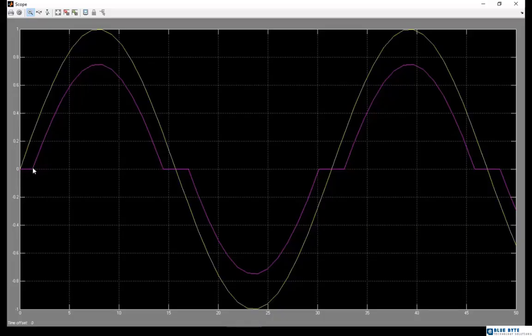This is our input signal without dead zone. At this moment, that is between 0 and 0.25, our signal gets 0 because, as I defined in the block, when the input is between minus 0.25 and 0.25, our output gets 0. After that, when the input passes through 0.25, our main signal will be reduced by 0.25.